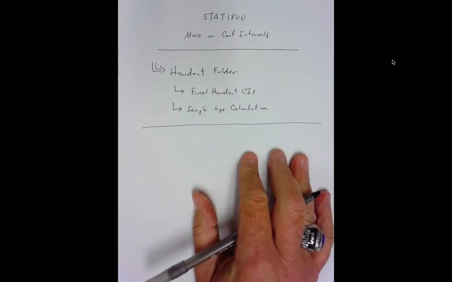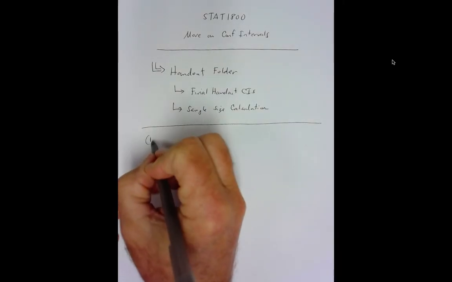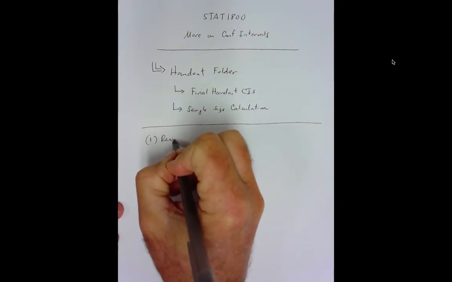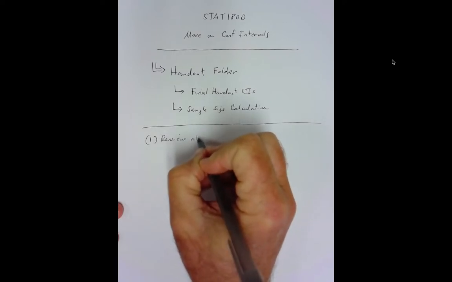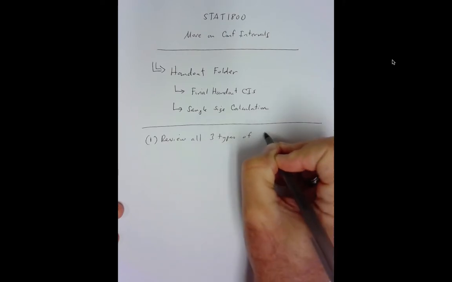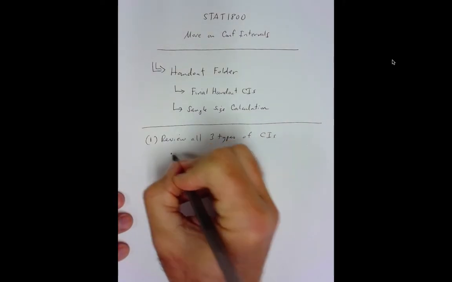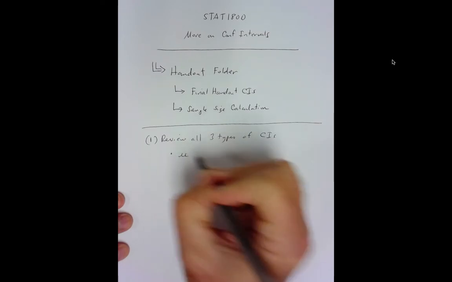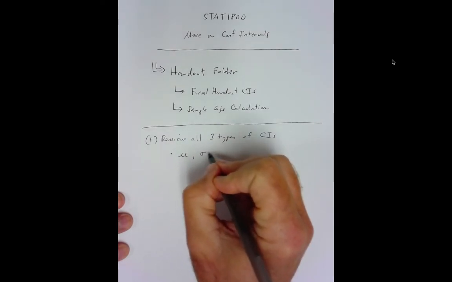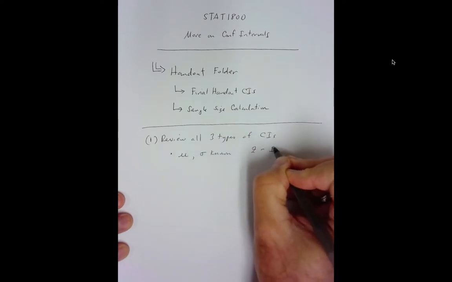All right, gang. The purpose of this video is twofold. First of all, I want to review all three types of confidence intervals that we've studied so far. Those three types are a confidence interval for mu where sigma is known, which is called a Z interval.